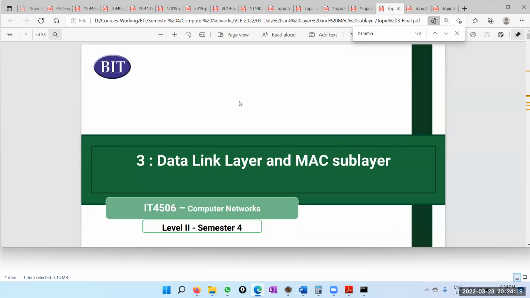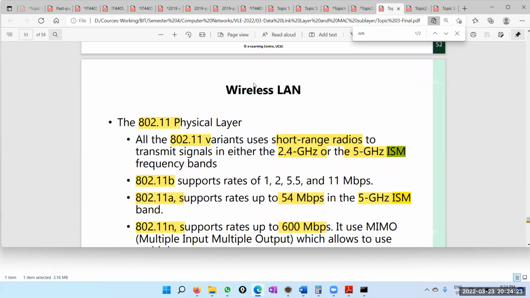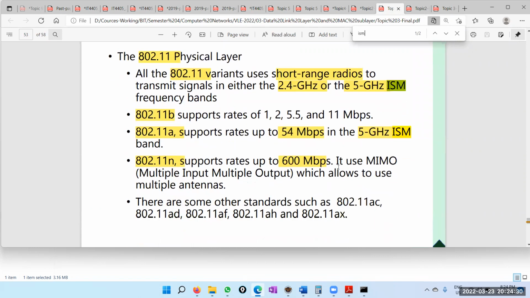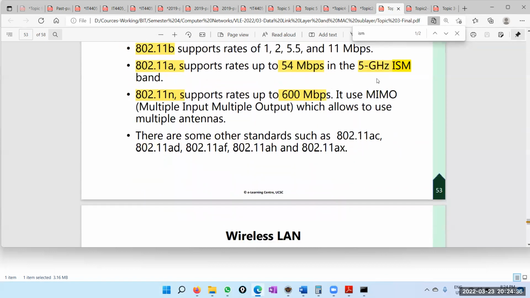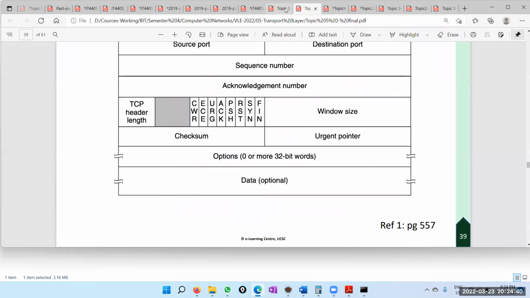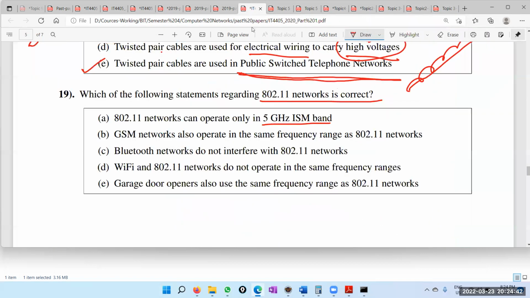ISM bands. You can see 802.11 is 2.4 to 5 gigahertz. This is 54 megabits for 5 gigahertz, right? I think 5 gigahertz looks like the higher value.